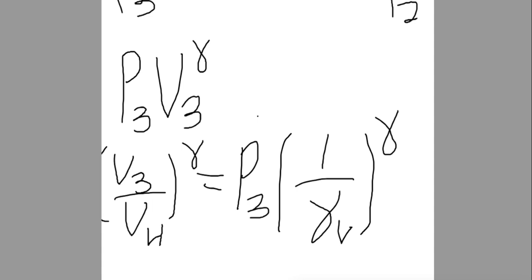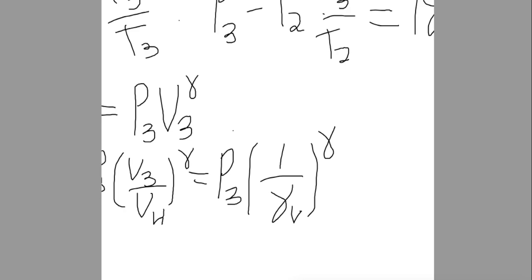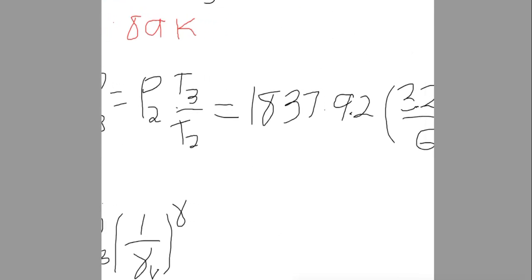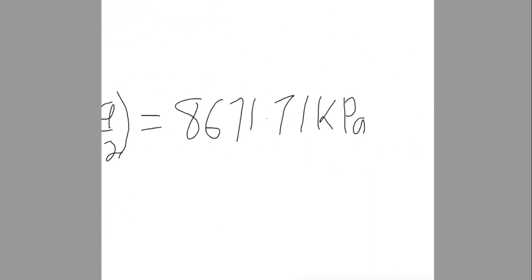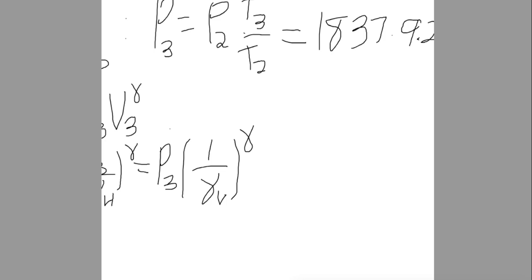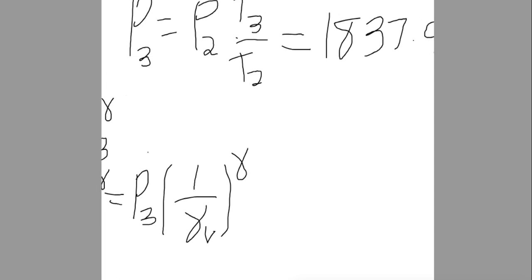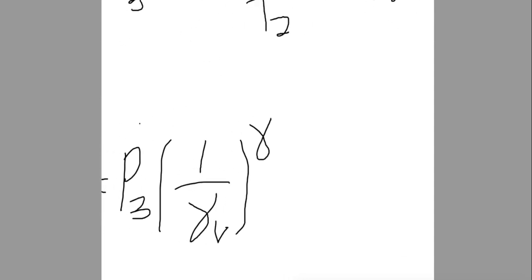So now we are finding our value for P4, and we have our value for P3. Our value for P3 here is 8,671.71 kilopascals. Then we have our value for compression ratio, which is 8, and the gamma constant here, which is 1.4. So we just input our values.